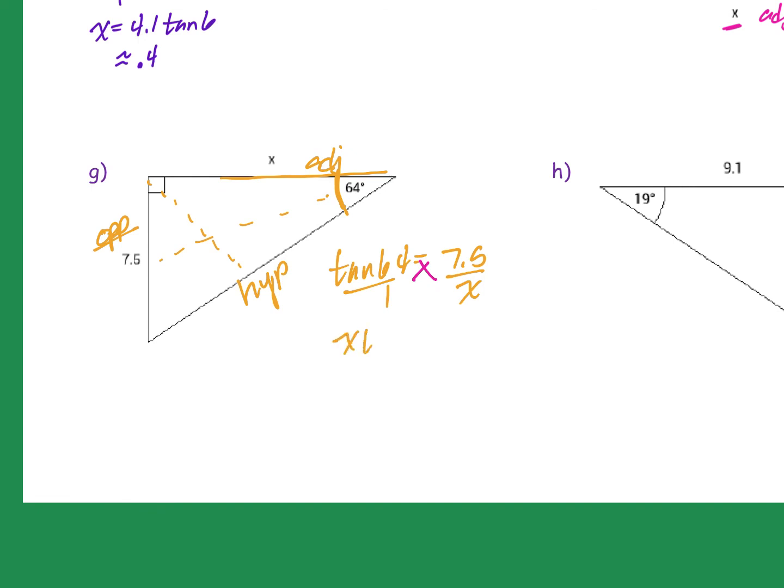And I've got x tangent of 64 equals 7.5. Wow. I really was not doing well. Tangent of 64. So x is approximately going to be equal to, guess what I did on the next? I put 65 instead of 64. So tangent is 3.7.